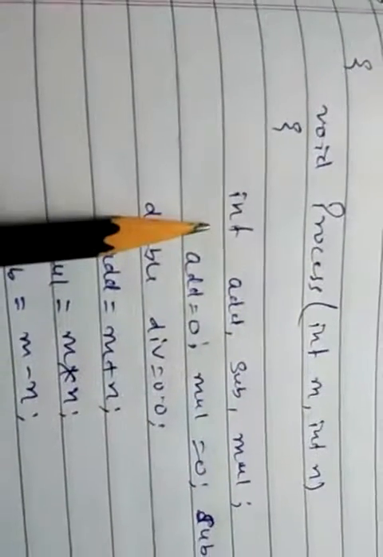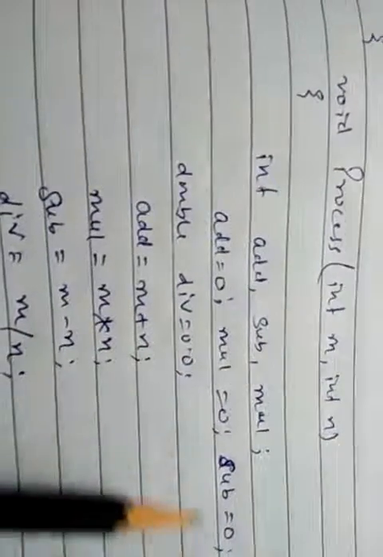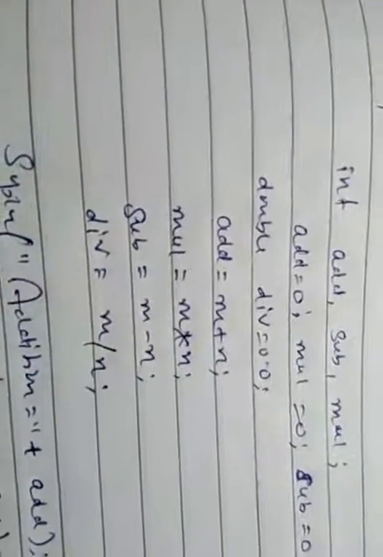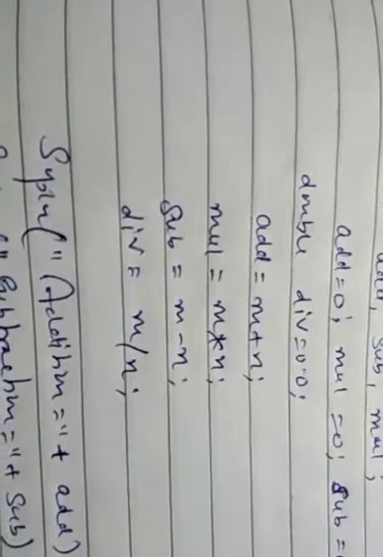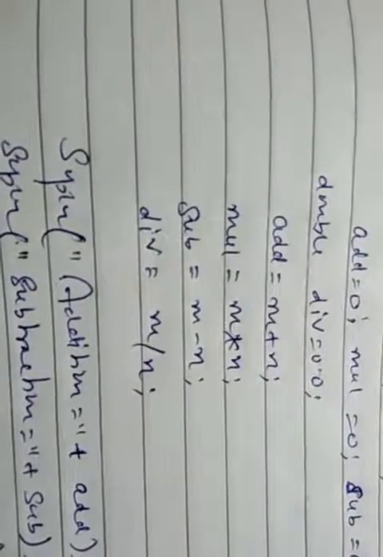So here we are taking variables add, subtract, multiply and divide, and we are assigning an initial value to those variables. So add equal m plus n, multiply equal m into n, subtract equal m minus n, and divide equal m upon n. For divide we will use only the divide sign, not the modulus sign.